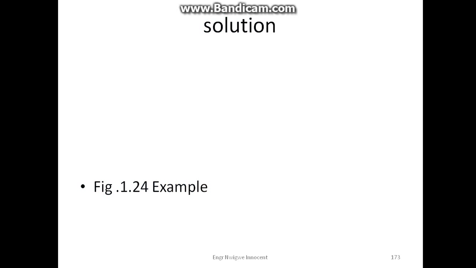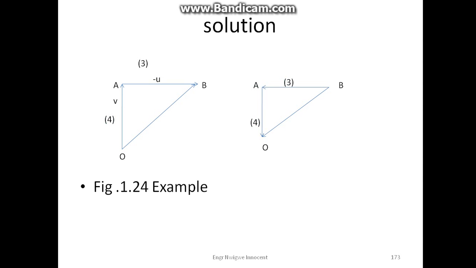Solution. Since the man is moving at 4 km/h, he now moves from O to A. Meanwhile, the river is flowing with a velocity of 3 km/h, moving from A to B. Then the resultant of the movement of the man is OB.